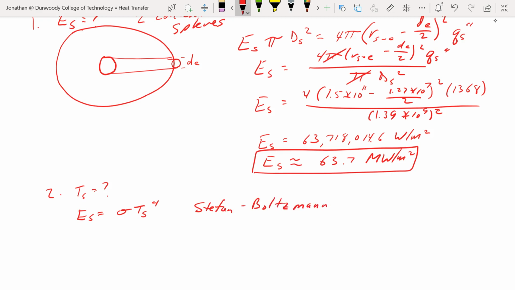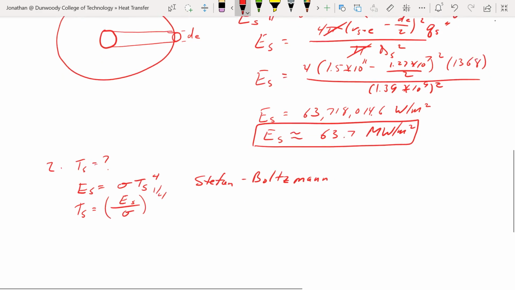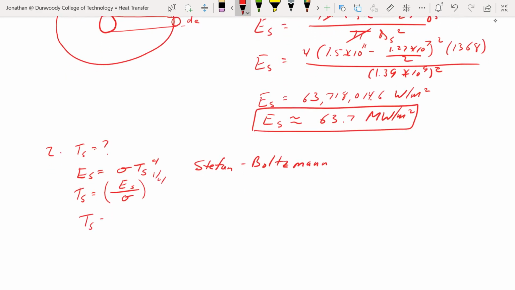So it's as simple as TS is ES over sigma to the 1/4. Plugging some values in, what we found before, 63,718,014.6 over 5.67 times 10 to the negative 8, to the 1/4.